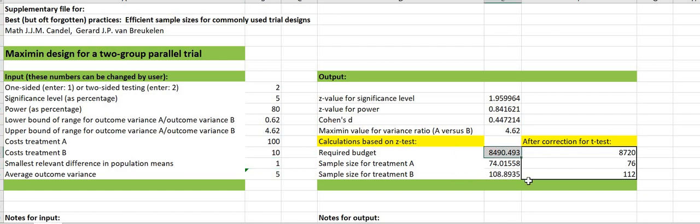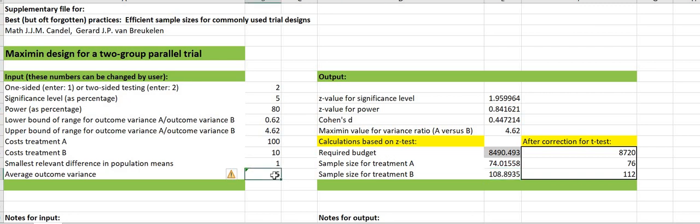The budget has lowered because it's cheaper to run my intervention, but the sample sizes are now not the same in the treatment group and the control group. I have less numbers in the treatment group and more in the control group. So this is not a balanced design anymore, but these are the equations that minimize that budget, which is really what you want from a sample size calculation.